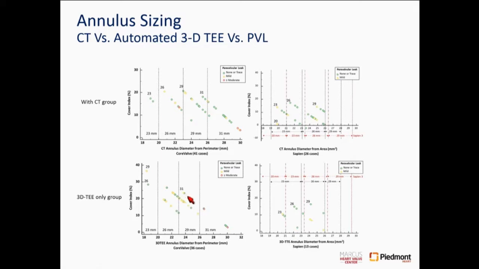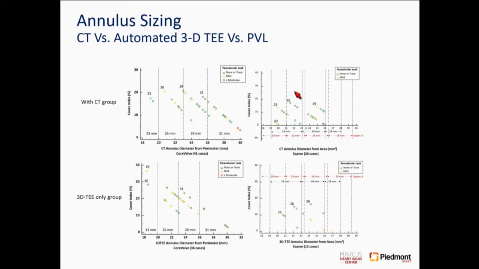And then in the 31 valve group, TEE predicted 31, but there were 2 or 3 patients in whom the valve size used was actually 29, and in 2 of these patients where the valve size we used was 31, there was greater than moderate PVL. So TEE seemed to do a little worse than CT in terms of picking the right size of the valve, with PVL being the clinical endpoint.